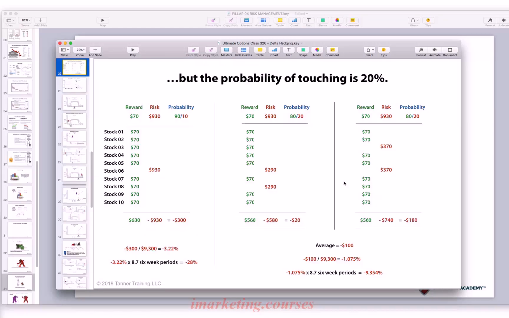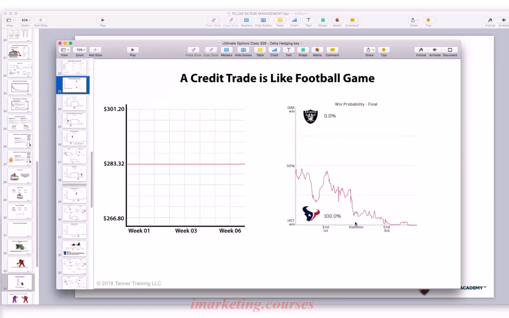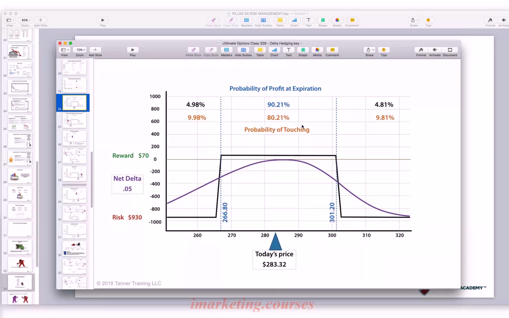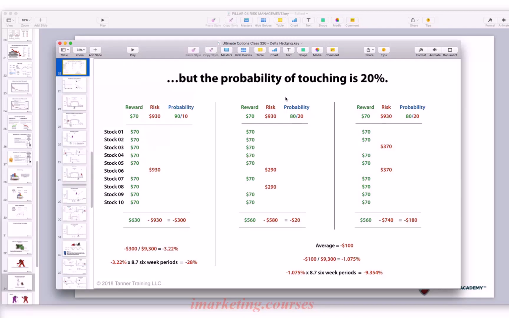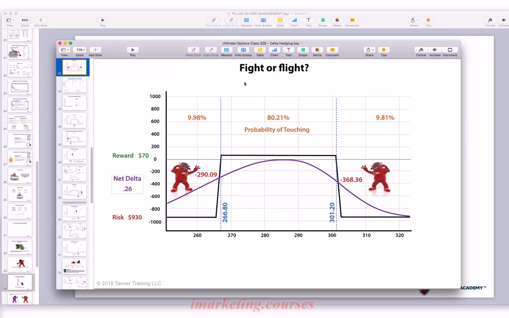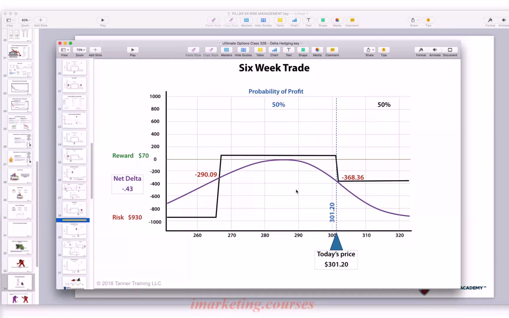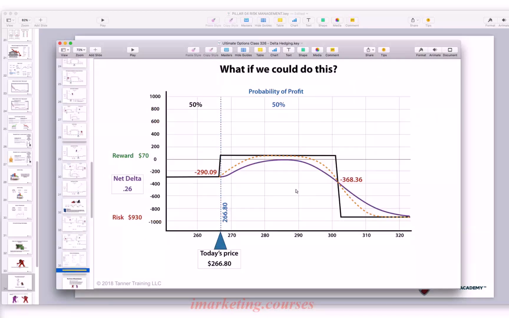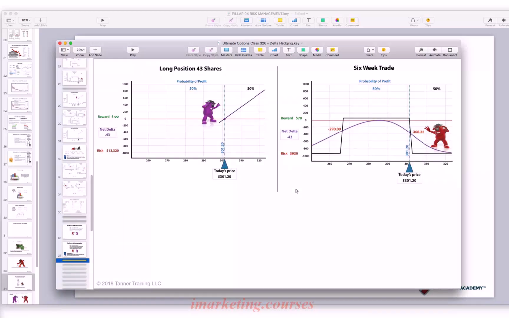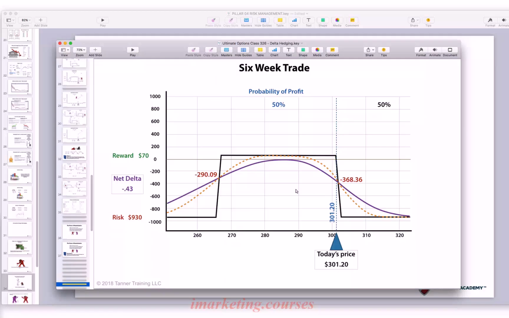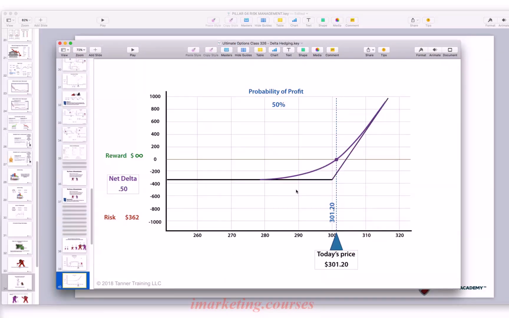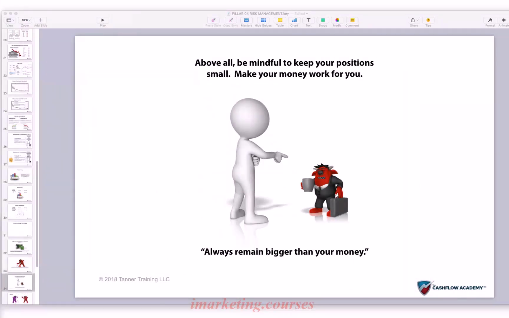There's so much more to this with probabilities, and we go into ridiculous, awesome detail on how to deal with these little monsters. There's so much in this class. It is just killer to learn how to delta hedge all this stuff. So I don't show that to intimidate or scare you, but it does show you that there's so much you can learn about this.